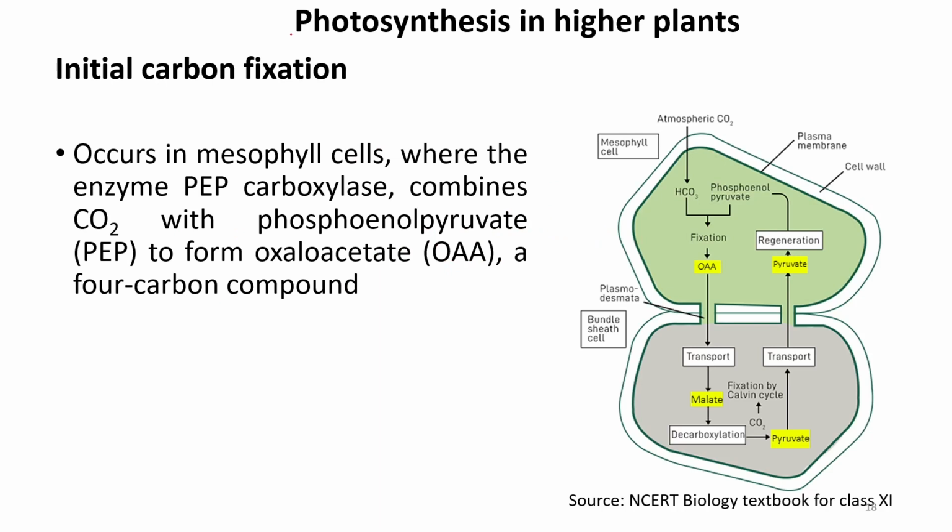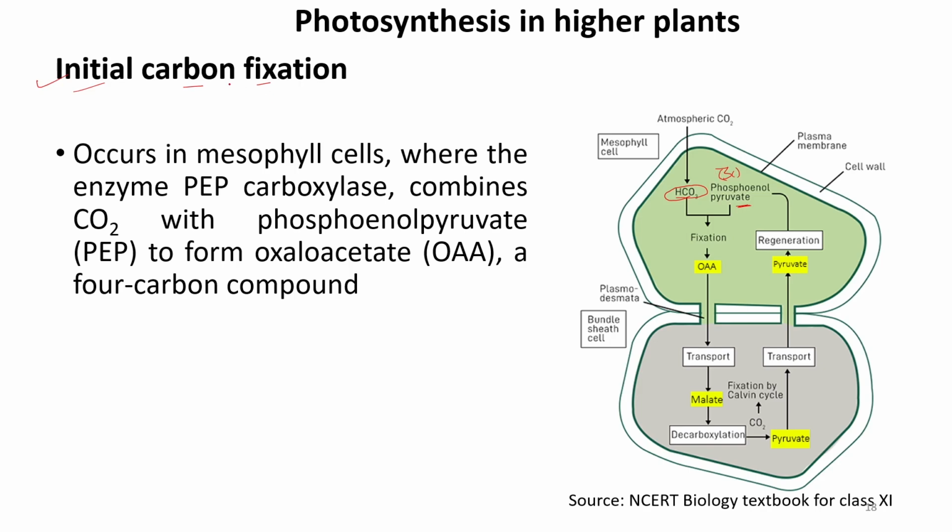Alright, now let's study the steps in the C4 cycle. This is the first step, or the initial carbon dioxide fixation. I've told you that carbon fixation takes place twice. So this is the first carbon dioxide fixation, during which what happens? The carbon dioxide which is dissolved in water combines with phosphoenol pyruvate. So instead of RuBP, we have a 3-carbon compound here known as phosphoenol pyruvate.